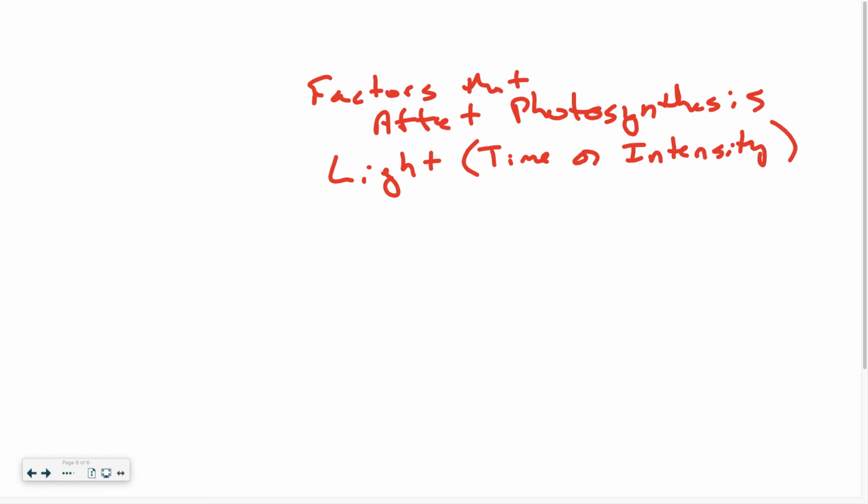Time the lights are on, the intensity of the light. You might even throw in color of the light. Color might make a difference. We know the color of leaves is important. At least it's consistent. What else? The amount of water.